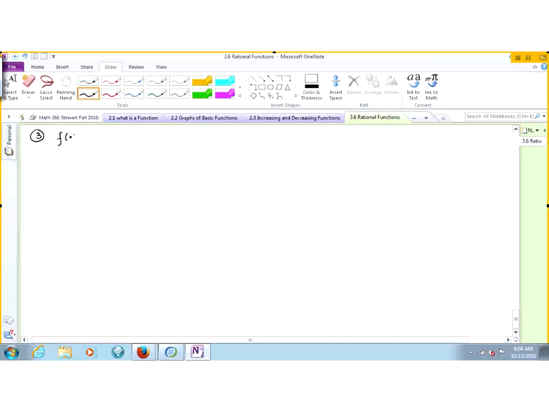So number 3, f of x is equal to 6 divided by x squared minus 5x minus 6. So what did you do? Tell me what you did. Is it factorable? Yes. What is it? Yes, that's right.